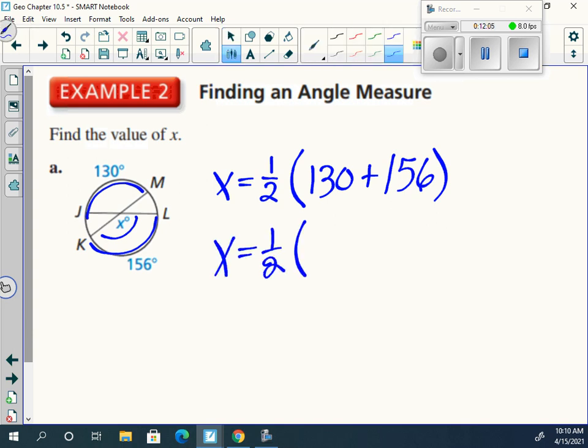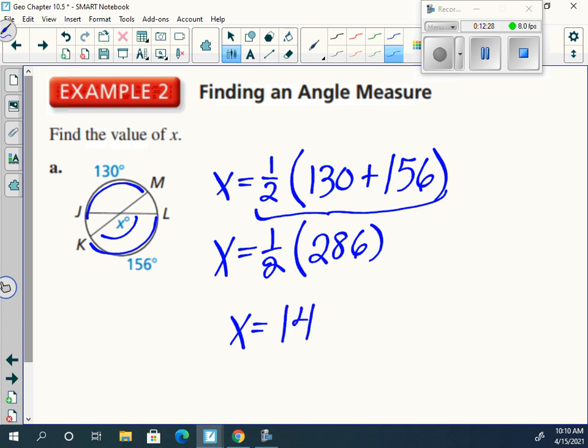Well, at this point here, we could plug this whole thing into the calculator, since we have all the numbers on the same side, 1/2 times 130 plus 156. We can do 130 plus 156 in the calculator, which would give us 286. And if we multiply it by 1/2, we get that this here would be 143 degrees.